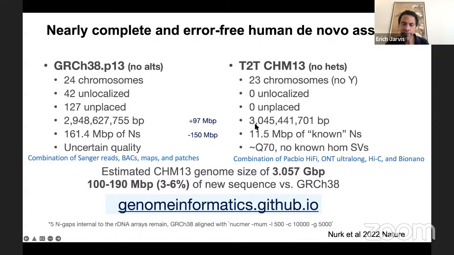The CHM13 is actually a little bigger than GRCh38 because it's more complete and so on. And what we found also was important was measuring the QV accuracy of the base calls, which most people don't do with genome assemblies. For the CHM13 reference, it's 70, which means no more than one error per 10 million base pairs.